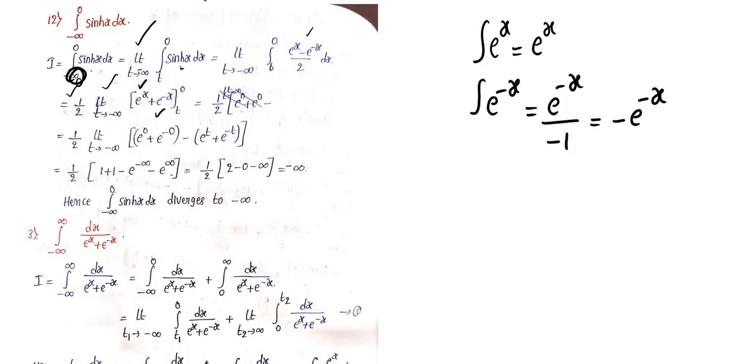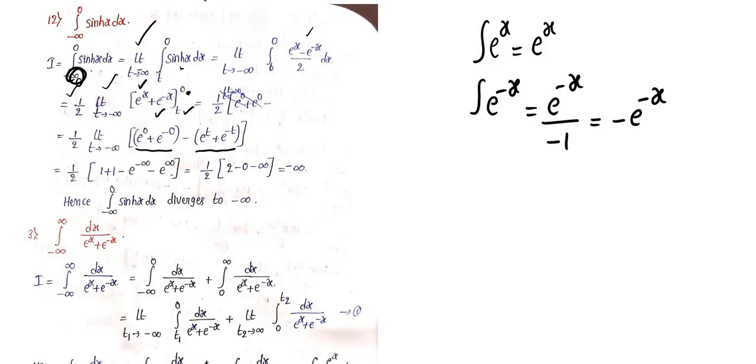Now I am substituting the upper limit, that is 0, in the place of x. Then I am getting e power 0 plus e power minus 0. By substituting the upper limit, I get this term, and then minus the lower limit. Now I substitute the lower limit, that is t, so e power t plus e power minus t.